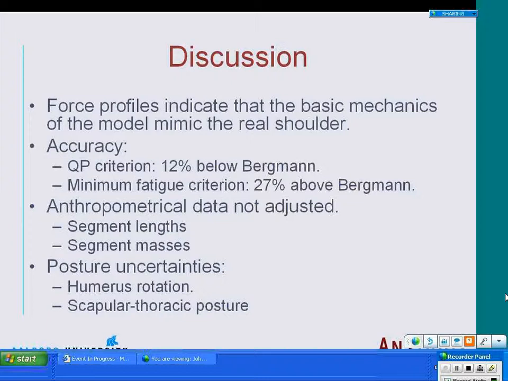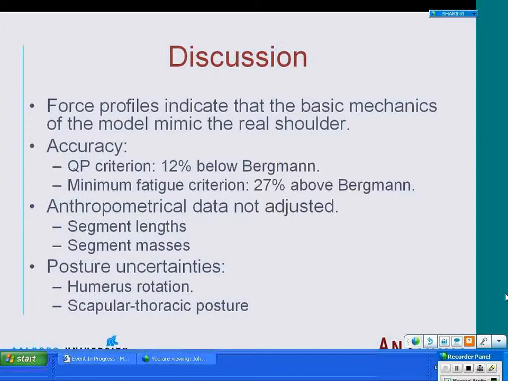And you may say that, well, this is quite far away from the reality, but I actually don't think it is when you consider the possible inaccuracies of the model. Consider in this case that we don't actually have any precise anthropometrical data for the test person in question.